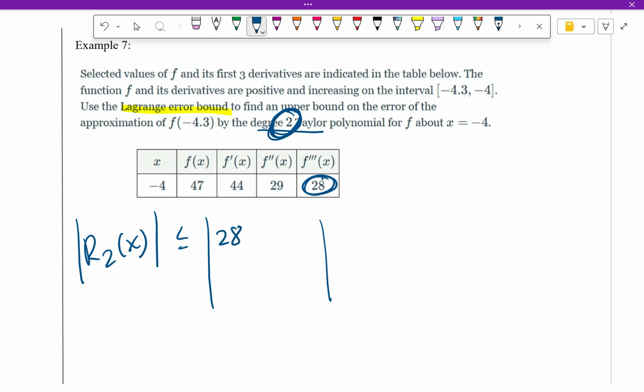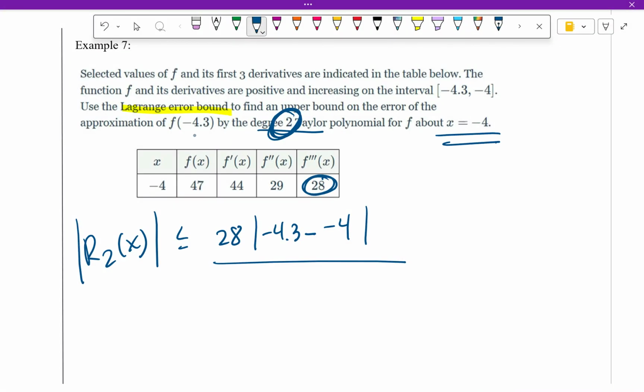28. Okay. They put their absolute values, so they didn't do the absolute values like the formula did. They did their absolute values in Delta Math around that x minus c piece. All right, what's the x value? Negative 4.3. Good, negative 4.3 minus, where are we centered? Negative 4. Yeah, so minus negative 4 from right here.